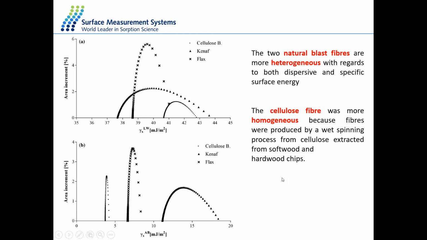Because of the wet spinning process of the industrialized fiber material, we have a much more homogeneous material, and that's represented by the much smaller peak width of our peaks here.